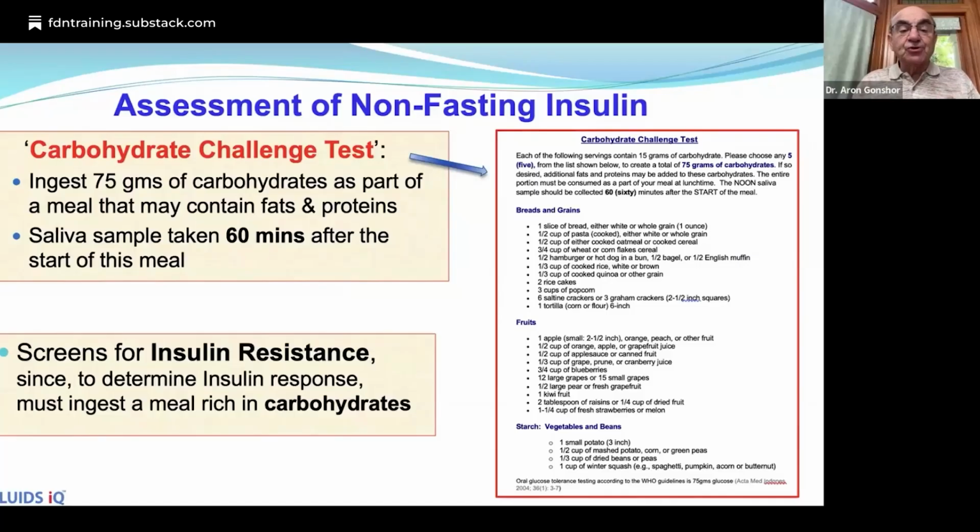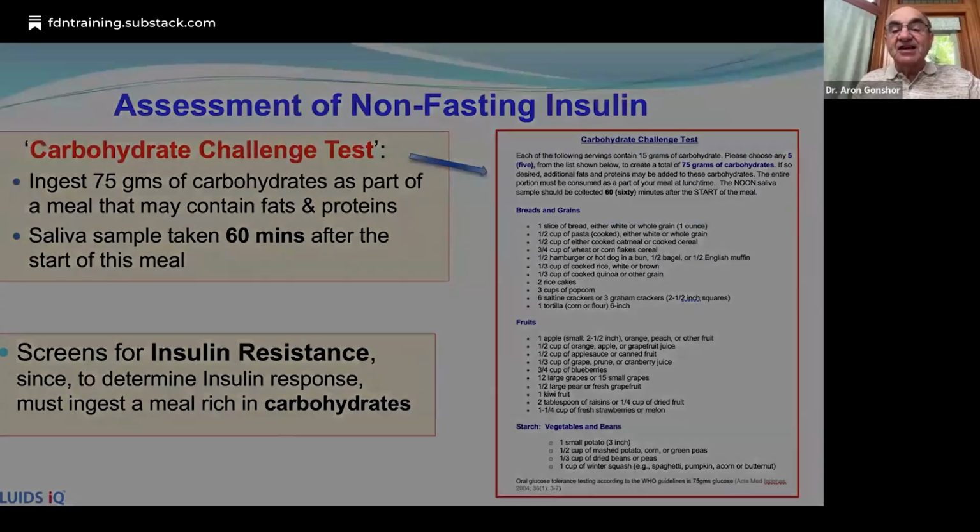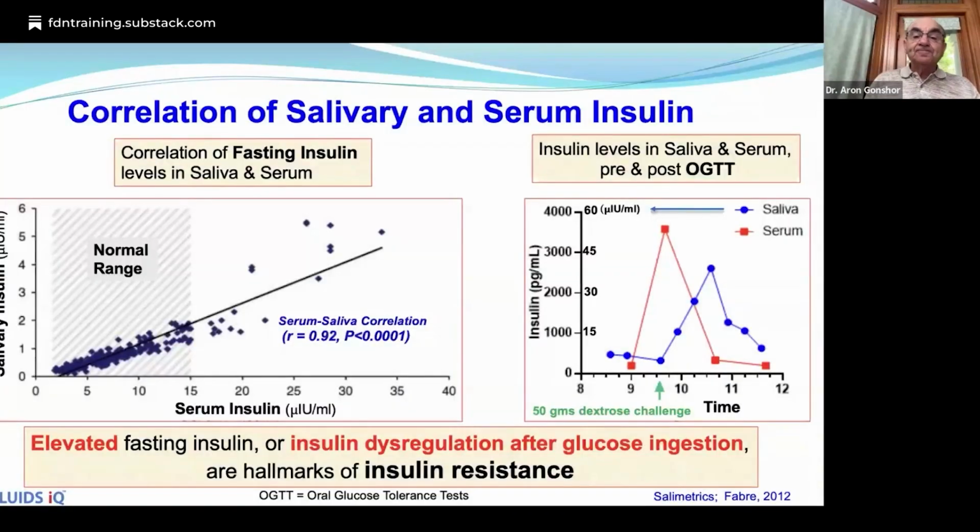That's going to test to see what is going on with non-fasting insulin, and one of the things it's able to screen for is insulin resistance. In order to determine an insulin response, you have to ingest a meal with carbohydrate. You're stressing the system with carbohydrate in order to see what happens an hour later.